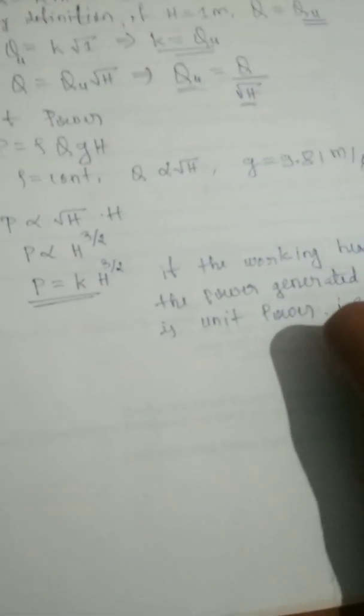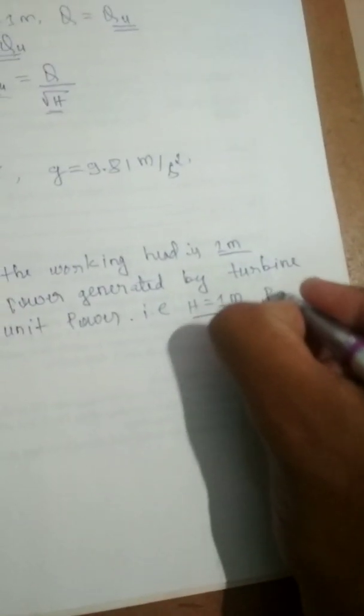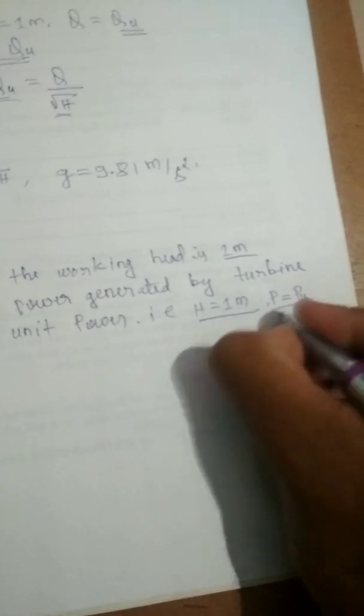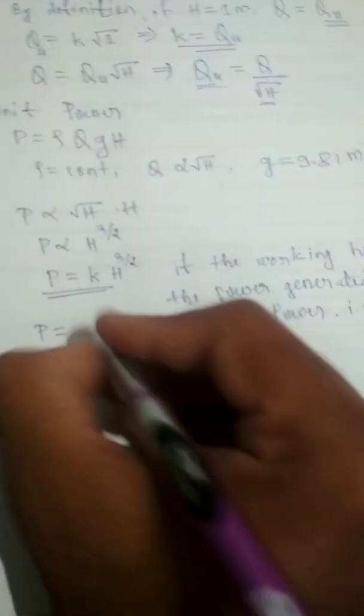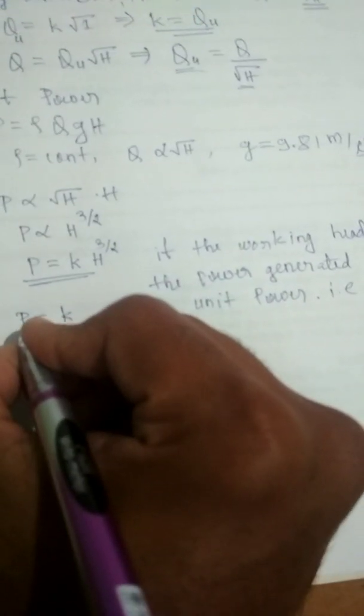So if head equal to 1 meter, power is equal to unit power. Using the definition, we get P is equal to K. Here P becomes PU, because the working head is 1 meter.